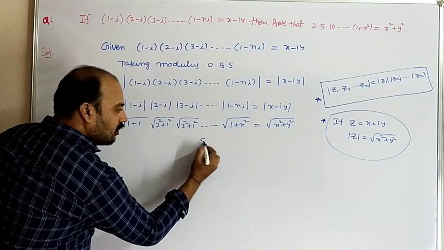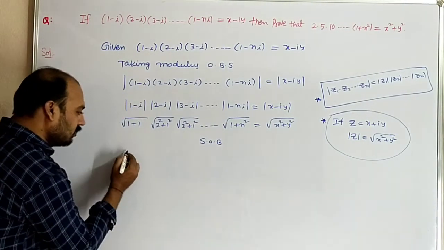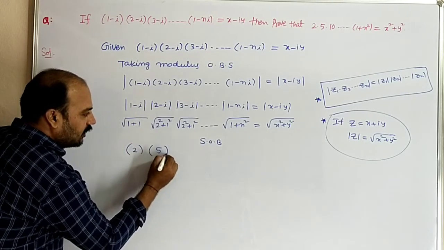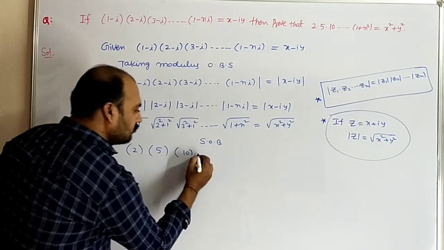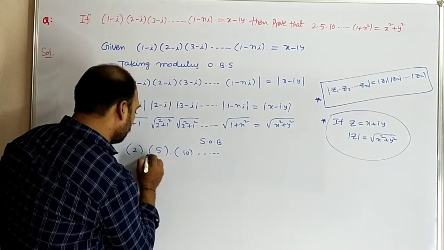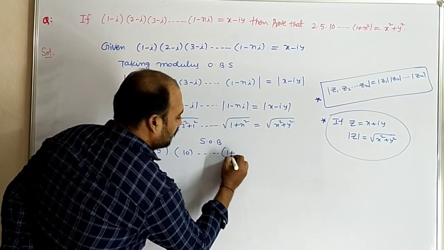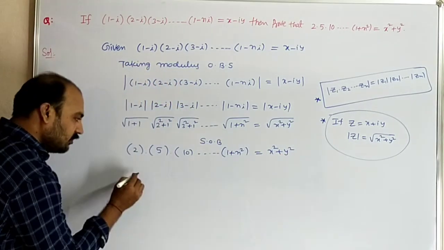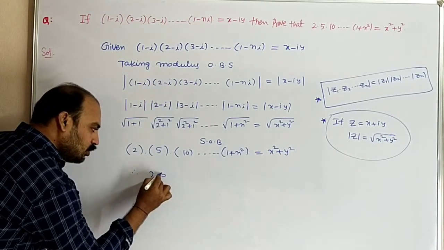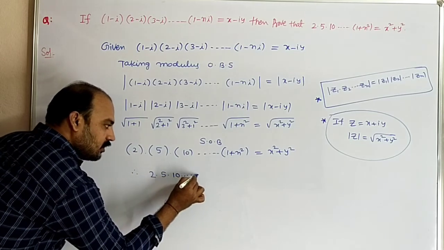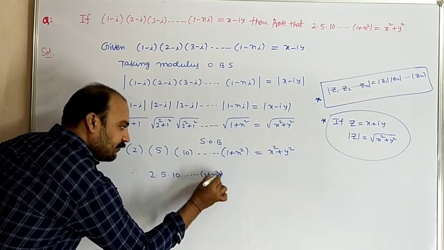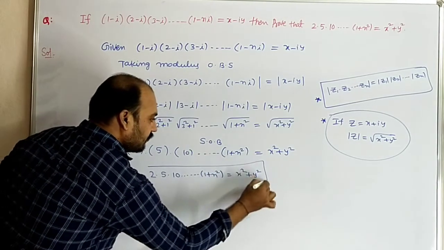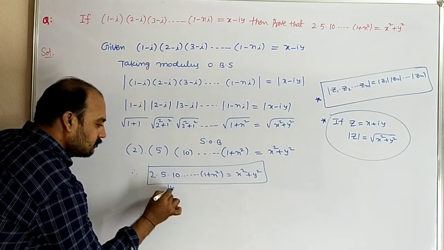After that, squaring on both sides, it will become 2, it will become 5, it will become 10 and so on. So 2 into 5 into 10 and so on, 1 plus n square is equal to x square plus y square. Hence proved.